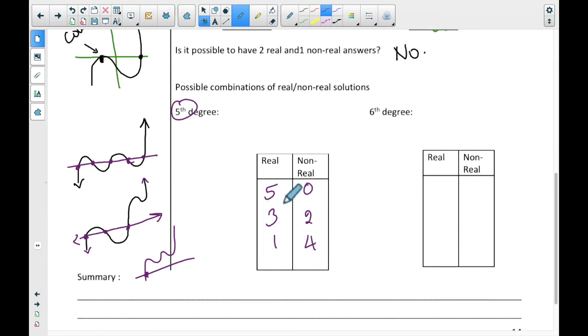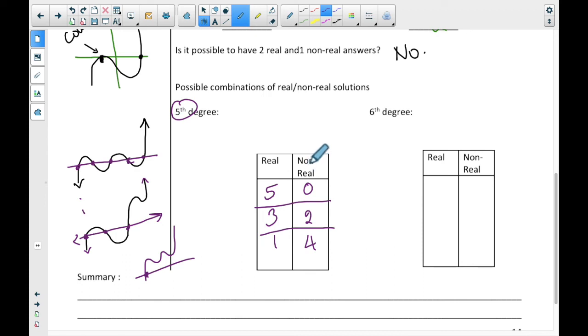Again, they have to add up to 5. 5 plus 0 is 5, 3 plus 2 is 5, 1 plus 4 is 5. The sum of each combination has to be 5. Is there any way to get 0 reals? Well, there's not, because you have these tails on the end that go on for infinity, right? So there's no way to move the axis where it won't hit it.